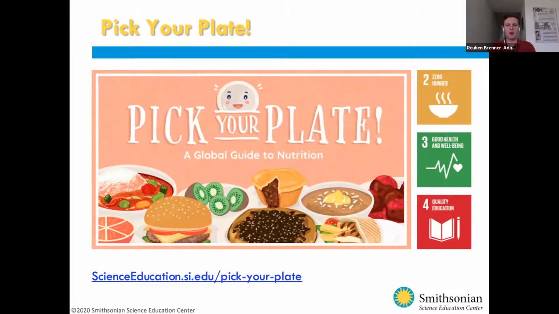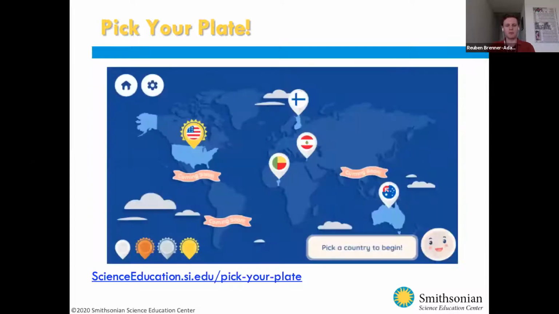And so I wanted to walk you through a little bit of how the game works. So the student starts off and sees this map. As you can see, there are 5 countries that we've released so far: the US, Finland, Lebanon, Benin, and Australia, and 3 more countries coming soon: Mexico, Argentina, and Cambodia.